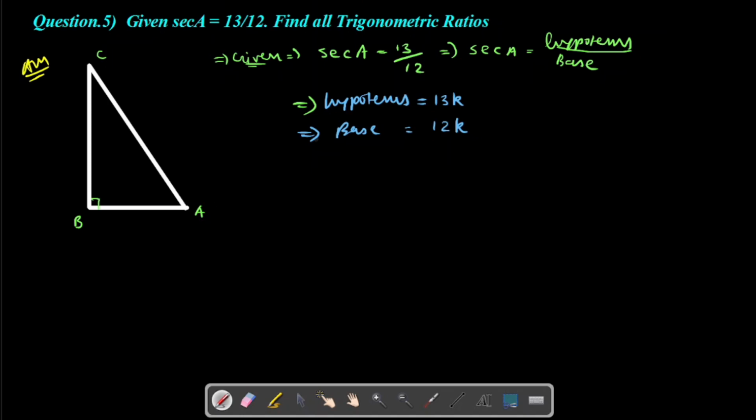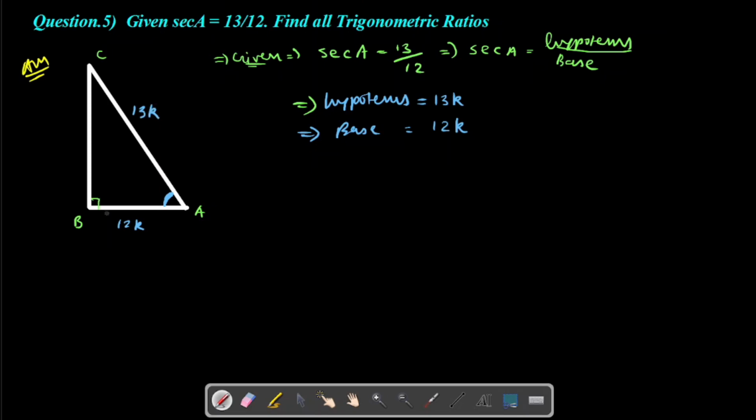So from the given information, hypotenuse is equal to 13k and base is equal to 12k for angle A. For angle A, the base becomes AB, so AB is 12k, and the hypotenuse in this triangle is AC, so AC becomes 13k.